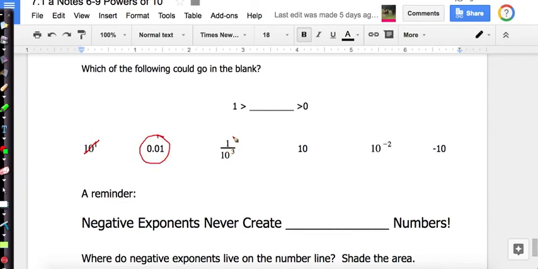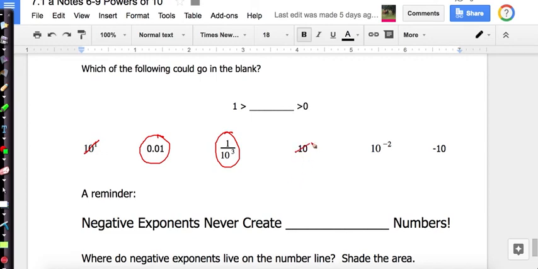1 over 10 to the third? Yes, because remember, if I have a negative exponent and I flip it, the negative exponent disappears, so 1 over 10 to the third. So yes, this would be, because this was originally 10 to the negative third. Negative powers of 10 are always between 0 and 1.